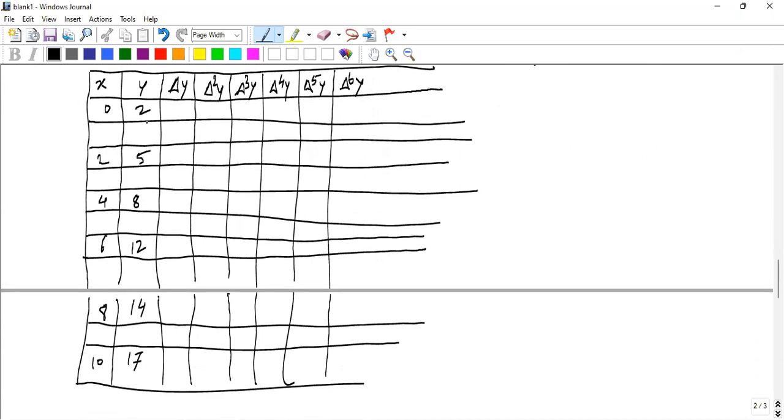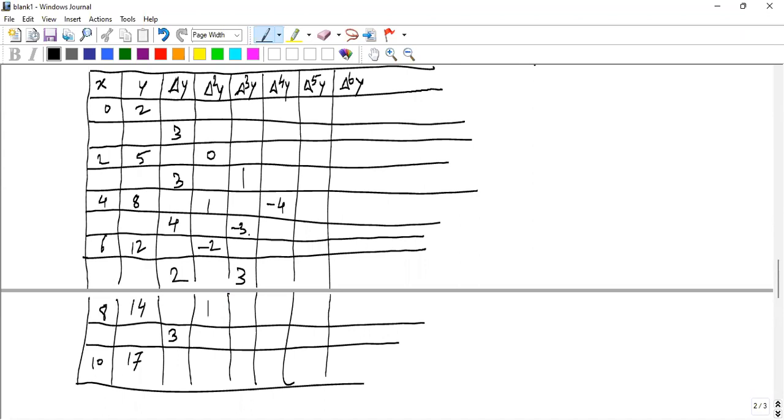So here what will be the difference? This is going to be 3. This is 3. This is 4. It's going to be 2. And this is 3. This is 0 here, 1 here, minus 2, 1. It's going to be 1. This is minus 3, and this difference is going to be 3.